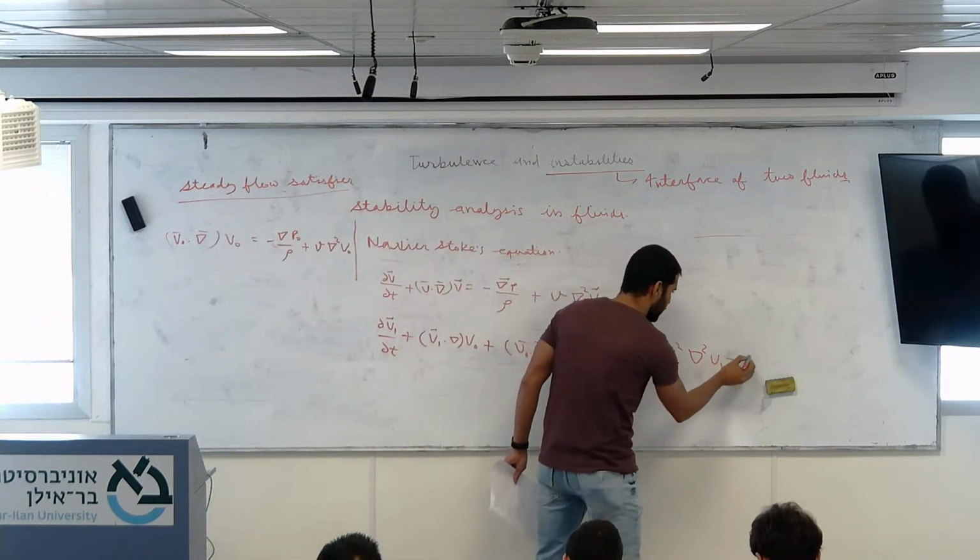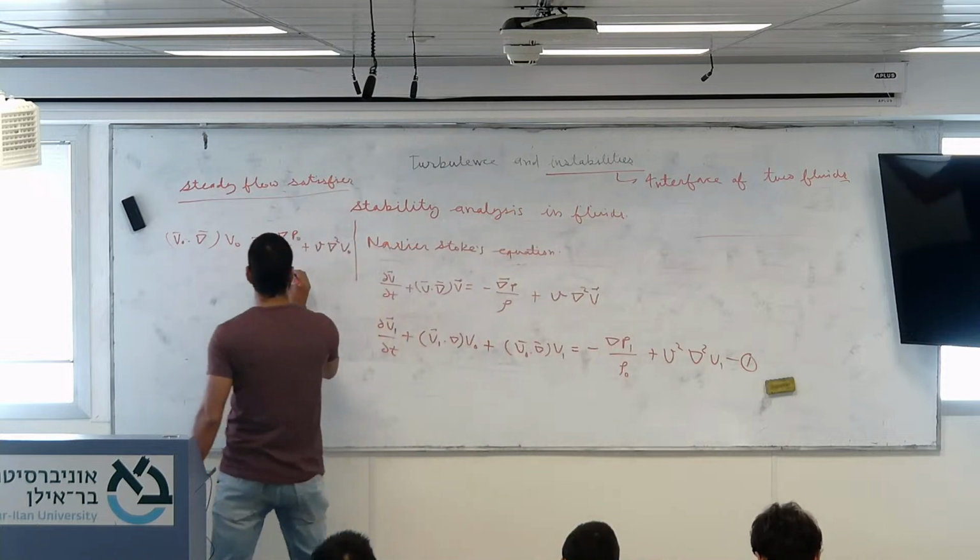So this is the equation of the perturbation, and this is the equation of the fluid when it is steady.